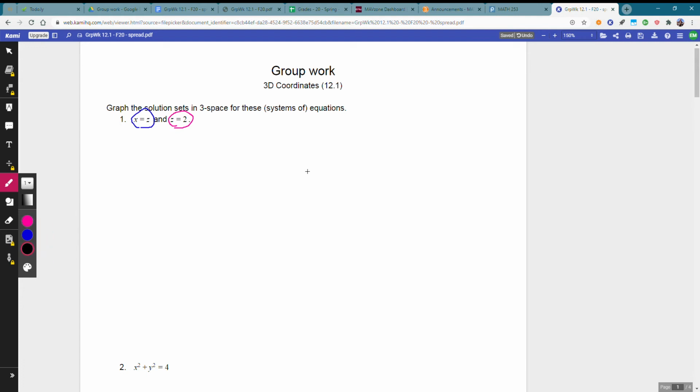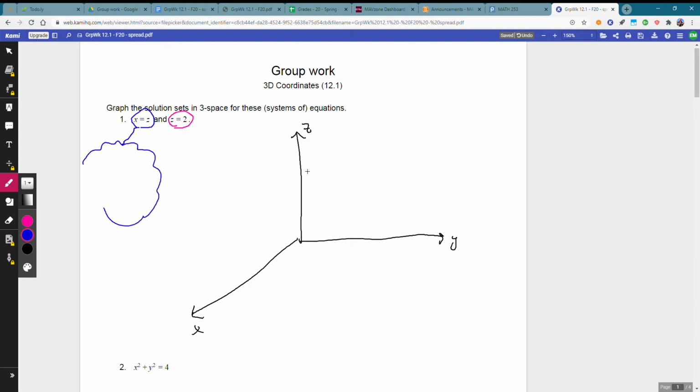We're going to be in 3 space, so I'll just toss out a big 3 space to start. x equals z, we can think about that by analogy. If we had a line x equals y, that would just be the solution set, this diagonal line at 45 degrees.